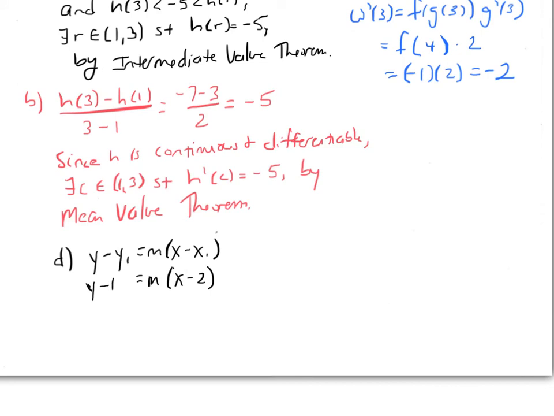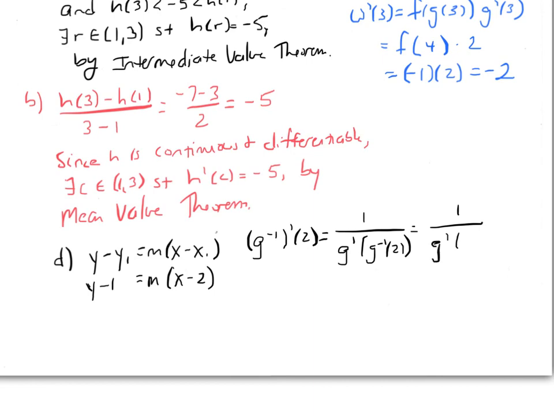But now we need the slope. Well, we know that to find the derivative of the inverse, we do 1 over g prime of the inverse. So we get 1 over g prime.